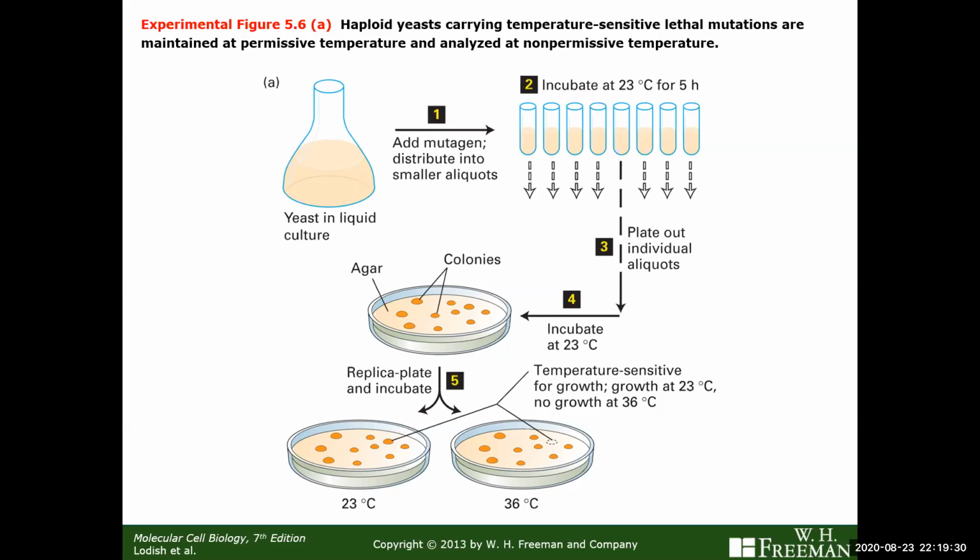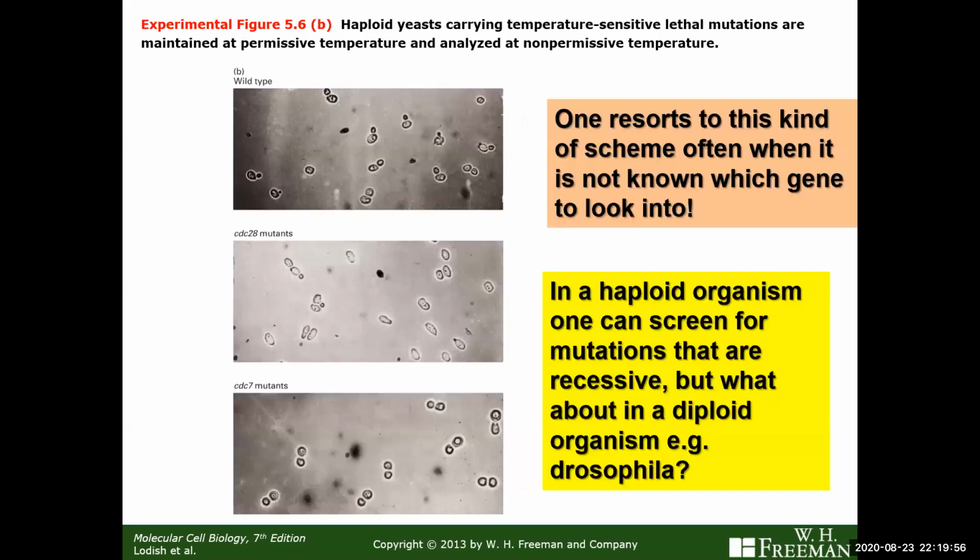Now I will tell you about one such screen that you can call revolutionary, because it phenomenally increased our understanding of cell biology. This discovery also earned a Nobel Prize. Leland Hartwell, or Lee Hartwell as he is popularly known, was interested in knowing what genes might possibly be involved in cell division.